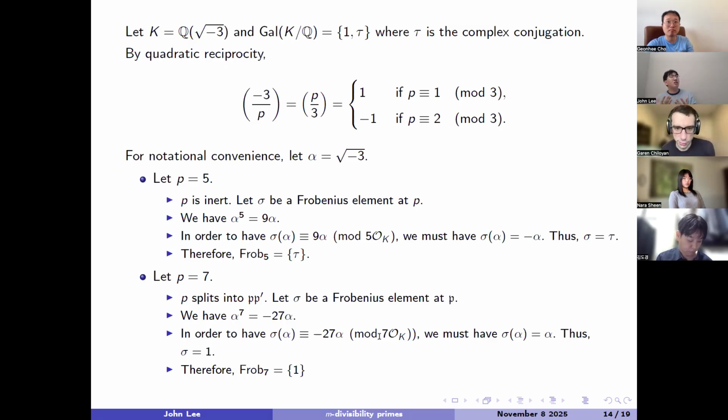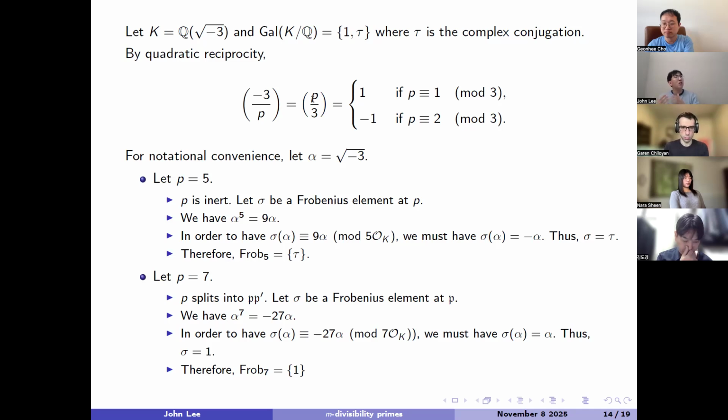However, we have a very nice theorem called quadratic reciprocity. I'll skip some details, but this is actually equal to the Legendre symbol (P over 3), inverting and also ignoring the negative sign. That is 1 if P is congruent to 1 mod 3, or -1 if P is congruent to 2 mod 3.